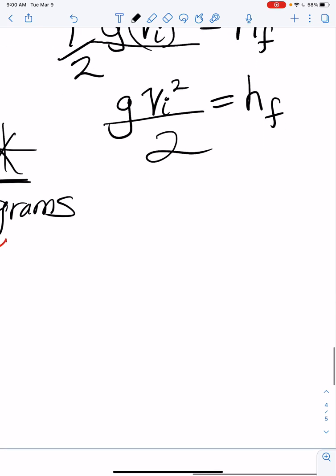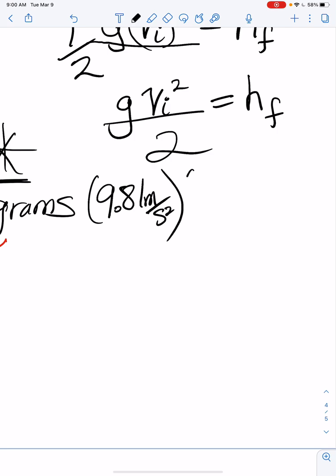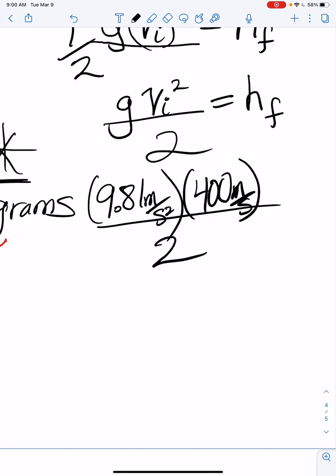All right, so I'm going to go ahead and plug in my variables I know. So I know g is 9.81. I know the initial velocity is 400 meters per second upwards. Divide that by 2, set it equal to h final. It's a job for our calculator. Top of the fraction is 3,924.